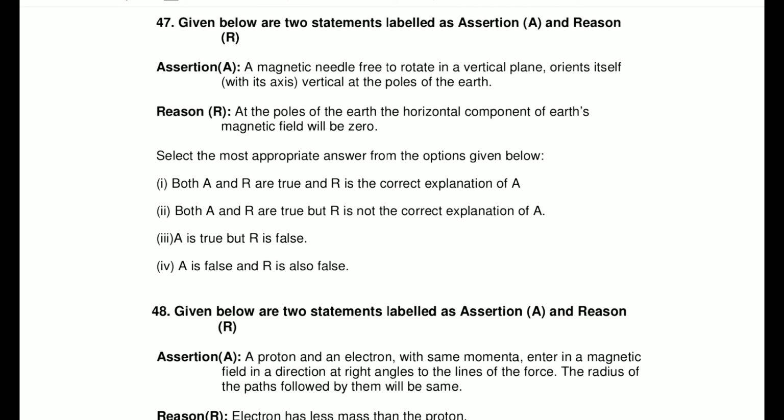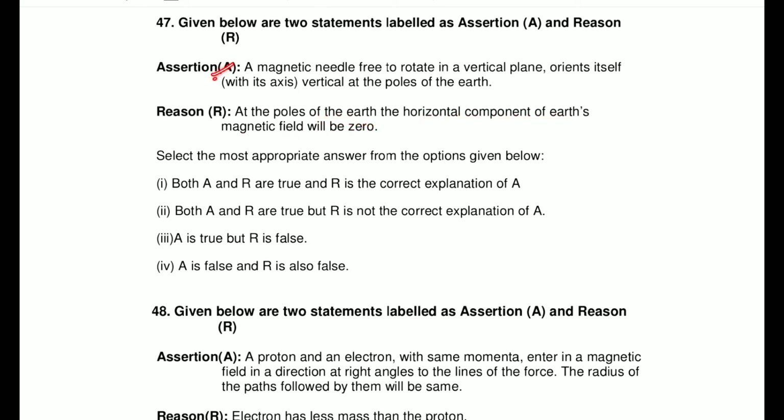Question number 47 says, assertion: a magnetic needle free to rotate in a vertical plane orients itself with its axis vertical at the poles of the earth. Actually, it is a right statement. Reason: at the poles of the earth, the horizontal component of earth's magnetic field will be 0.